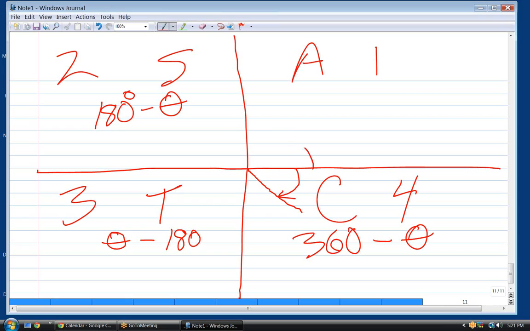In other words, if I'm going to draw it there, that's 315. But if I'm looking at this angle right here, that is negative 45 because I'm going in a clockwise direction. It just happens that negative 45 is coterminal with 315.